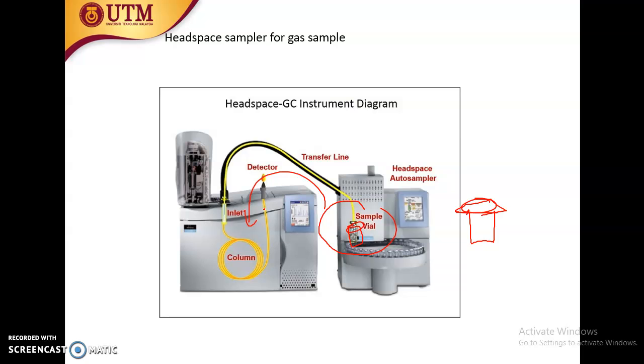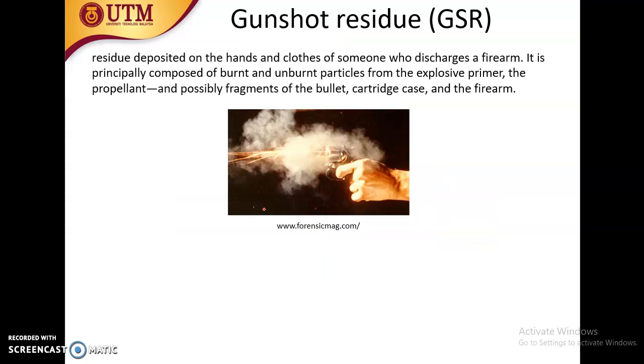So we finish on the sampling and sample preparation for gas, and now we go into a very small subtopic on how we sample prepare gunshot residue. Gunshot residue, abbreviated as GSR, is the residue deposited on the hands or clothes of the perpetrator who discharged a firearm.